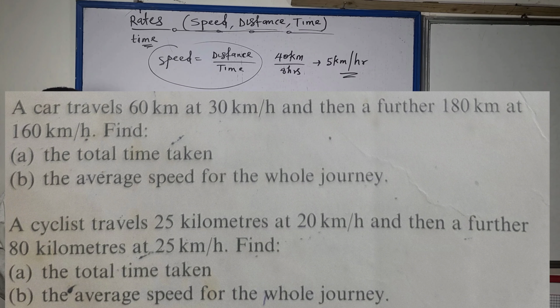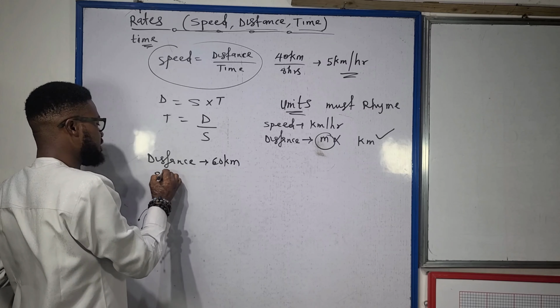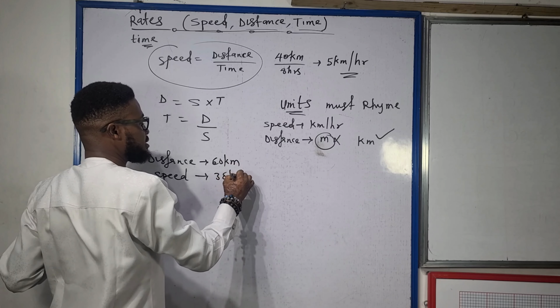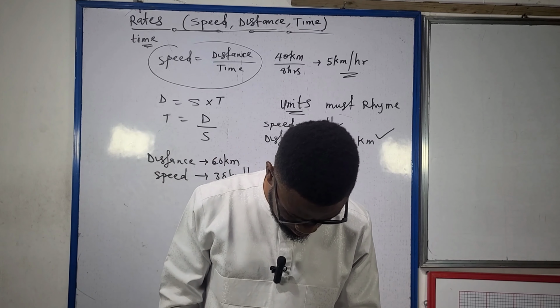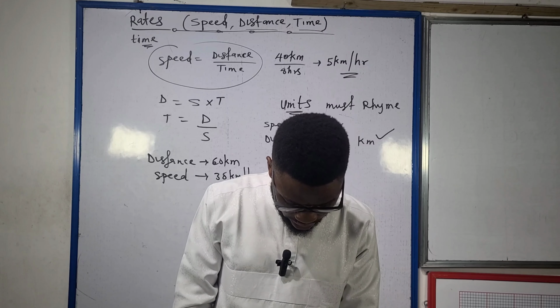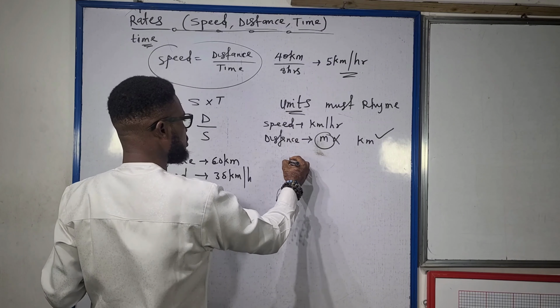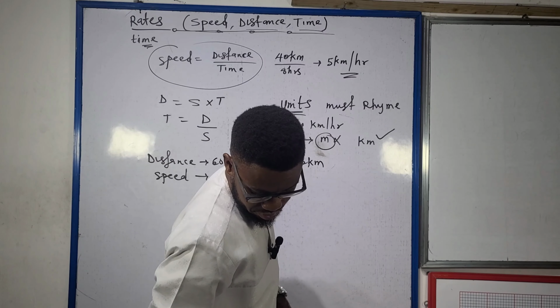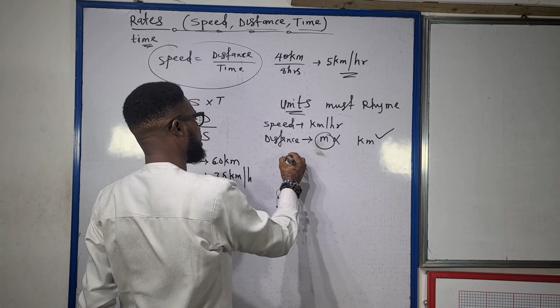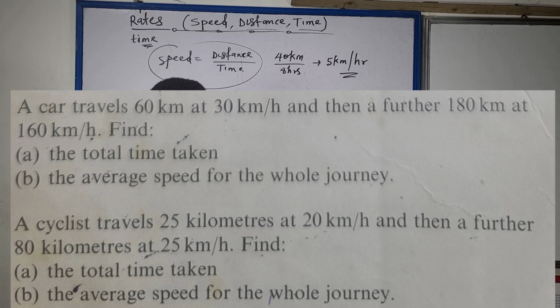So you're looking at a distance of 60 kilometers at a speed of 30 kilometers per hour, and then a further 180 kilometers at 160 kilometers per hour.